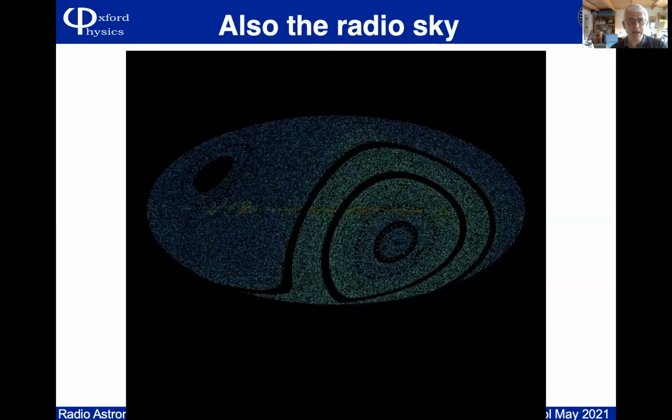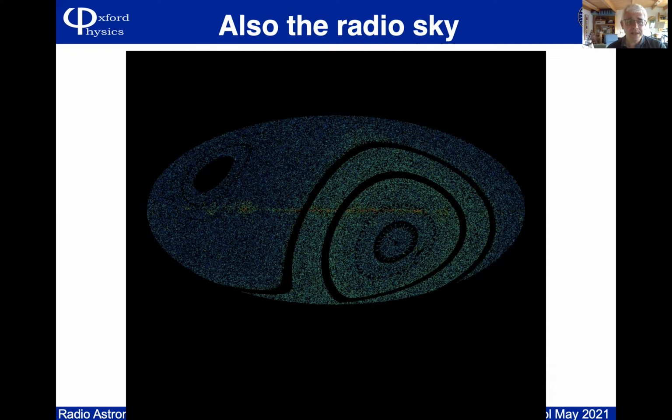If you look at the sky in the radio, but with a much larger radio telescope, and this is a compilation made from several very large radio telescopes in the northern and southern hemispheres, what you see is completely different again. Now we don't really see the broad diffuse emission from our own galaxy. That's resolved out.